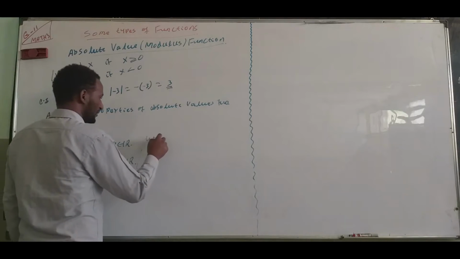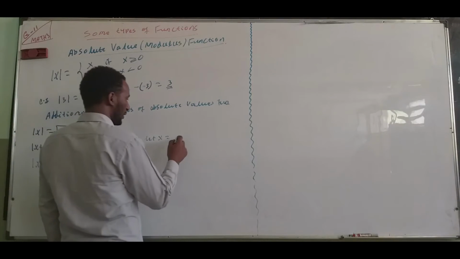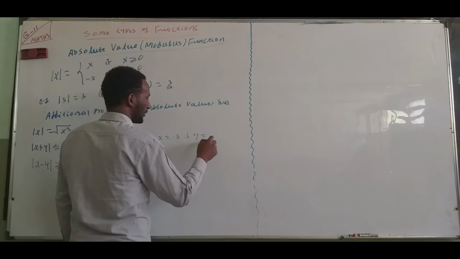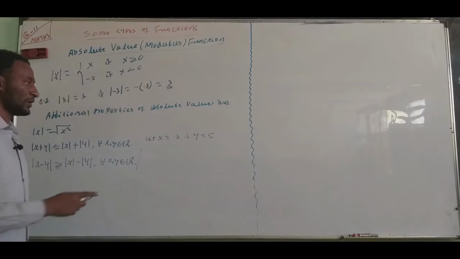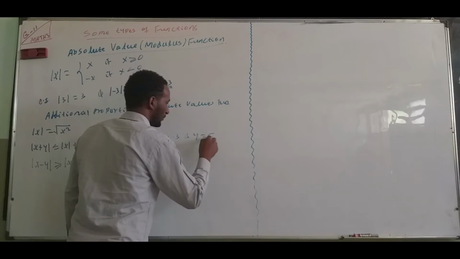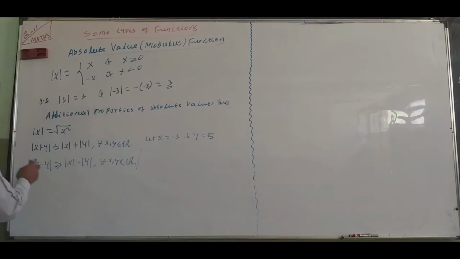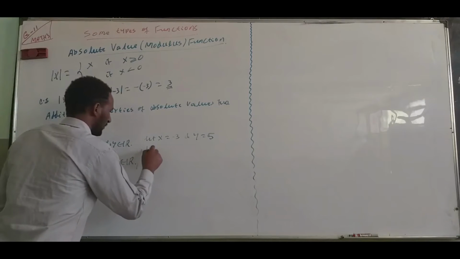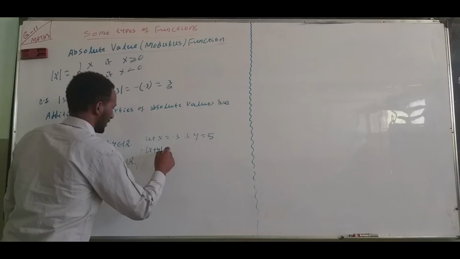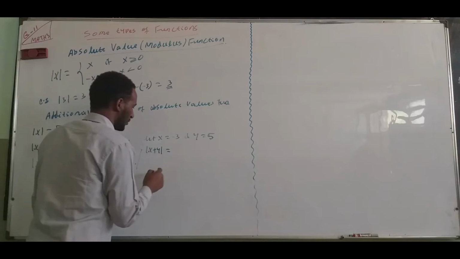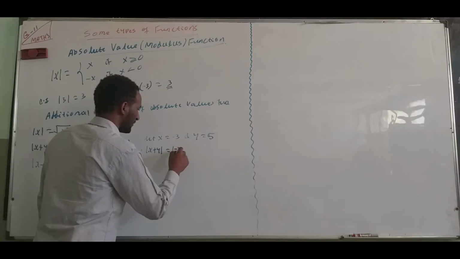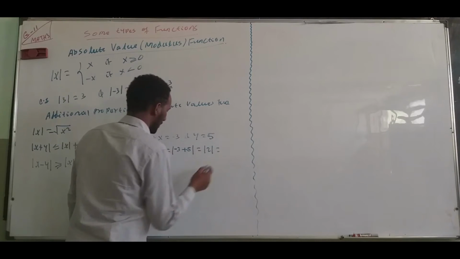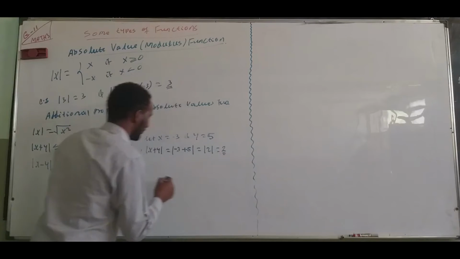Let x equal negative 3 and y equal 5. Then absolute value of x plus y equals absolute value of negative 3 plus 5, which is absolute value of 2, which equals 2.